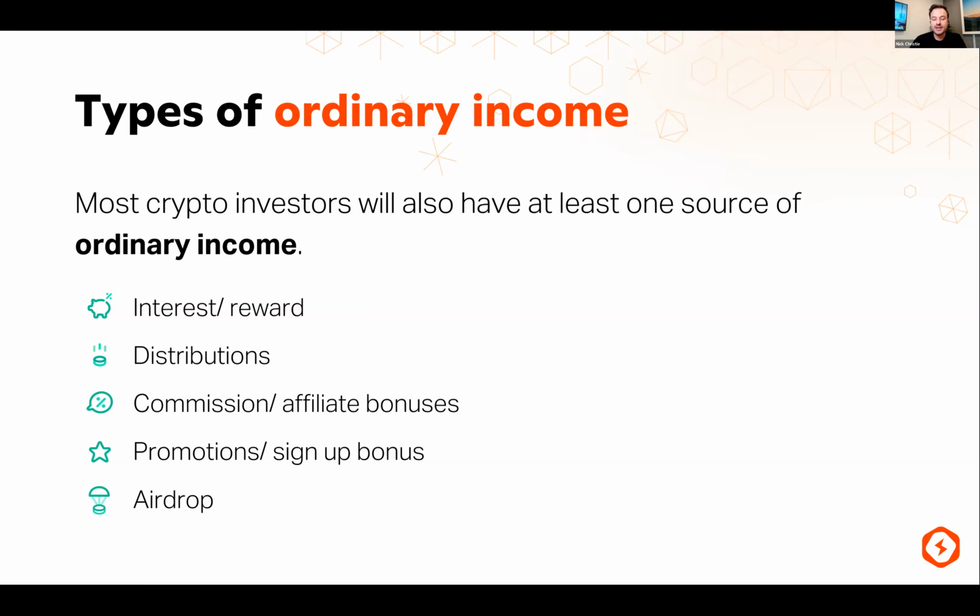If you've staked your crypto or put it in an earn account and you've received interest or reward payments, these are a form of ordinary income. When you have ordinary income, you have to calculate the market value and declare it. You might also have some distributions or commission payments or even airdrops that would be declared as ordinary income.